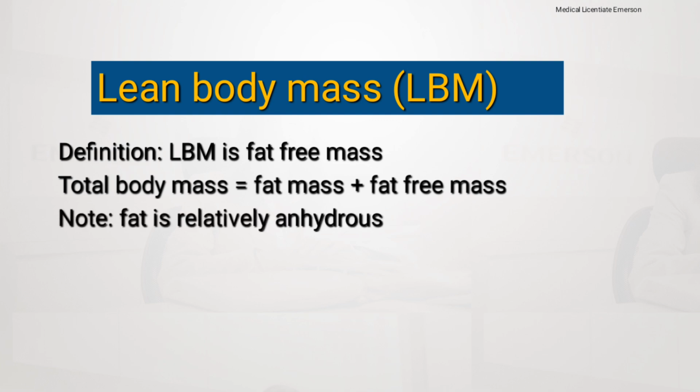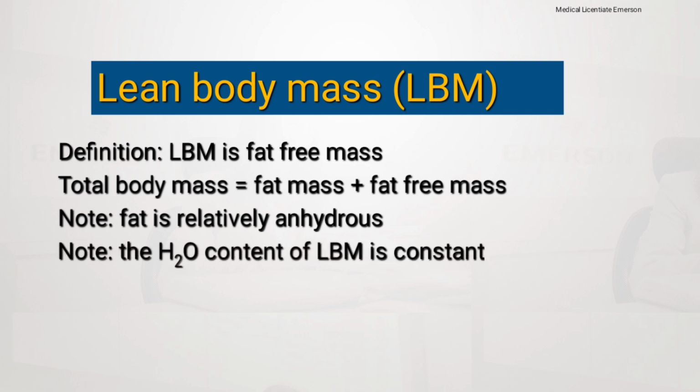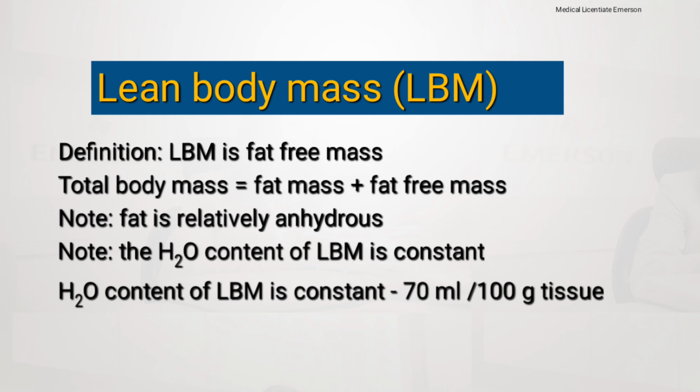You have to note that fat is relatively anhydrous. The other thing is the H2O content of the lean body mass is constant, which is about 70 ml per 100 grams tissue.